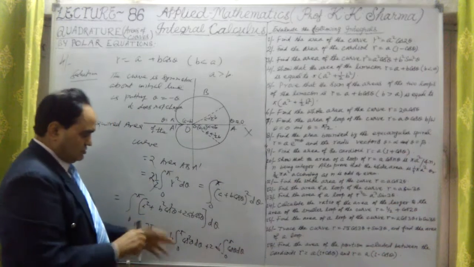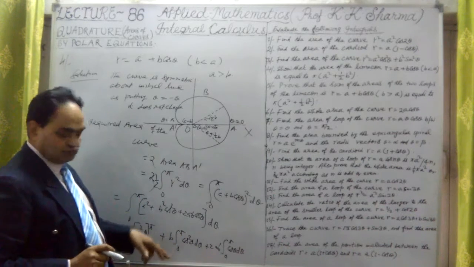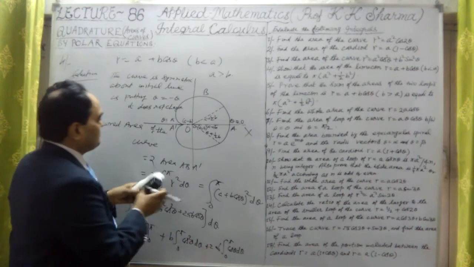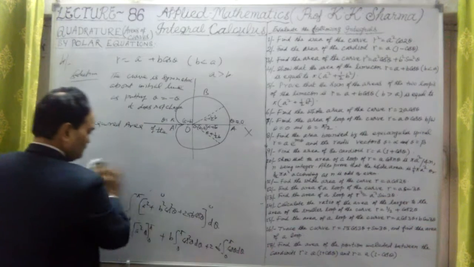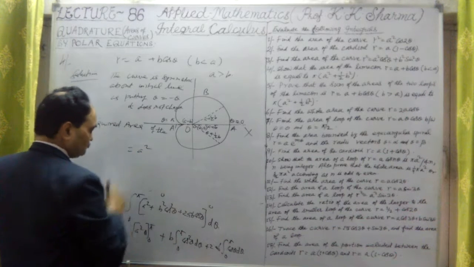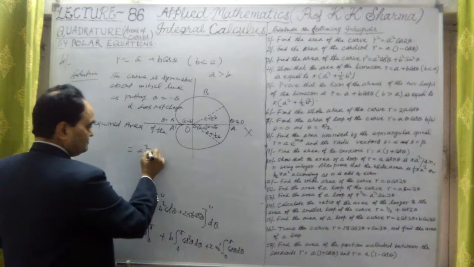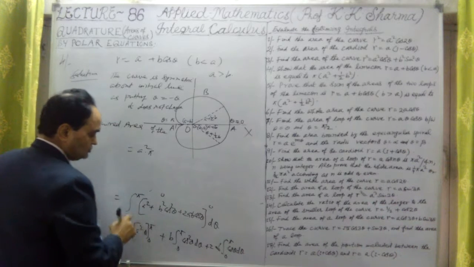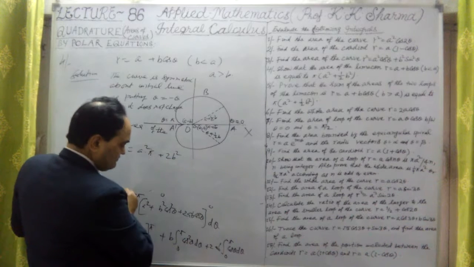Okay, now in this case, if I change this limit 0 to pi by 2, it is twice of this, let me write this answer here. So the final answer will be: first is a square into theta, when I put the limit, upper limit is pi, at 0 it is 0, plus this value will give us twice b square.